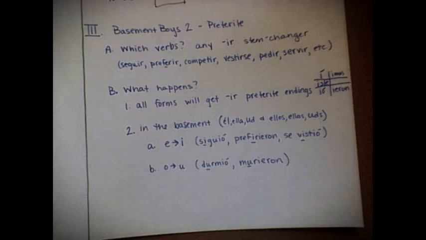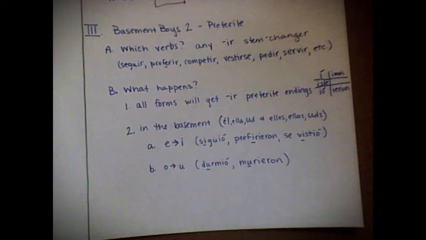Okay, Roman numeral tres is Basement Boys 2. You can also find this on your preterite sheet, the one that says El Pretérito across the top. And these are also irregular. And the first thing that we're going to talk about is what verbs are included in Basement Boys 2.